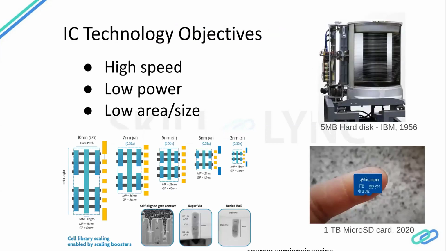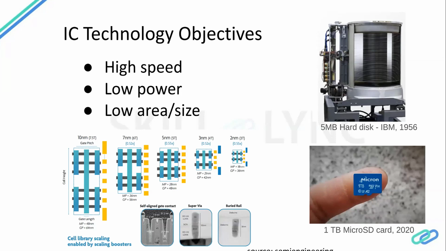So what are the different objectives of IC technology? If you look at the history, in the picture on your right, there's a hard disk from the year 1956. This hard disk had to be taken in a truck if you wanted to transport it from one place to another, and it had only 5 MB of capacity. The second picture is a 1 terabyte memory card, which was recently designed, is available in the market, and can fit on your fingertip.